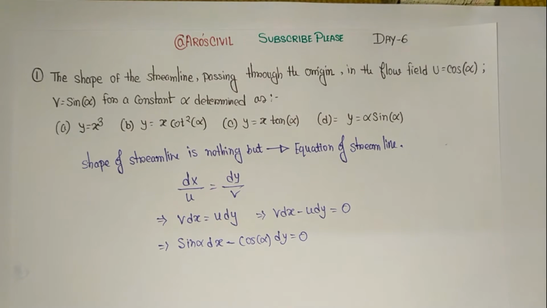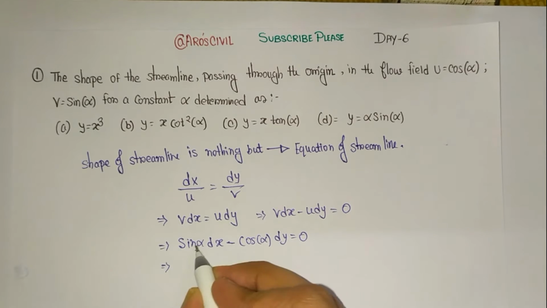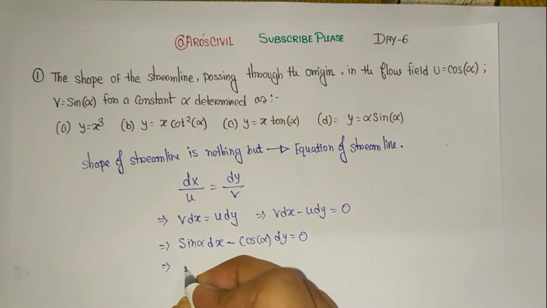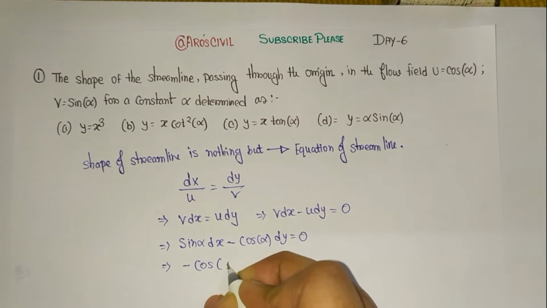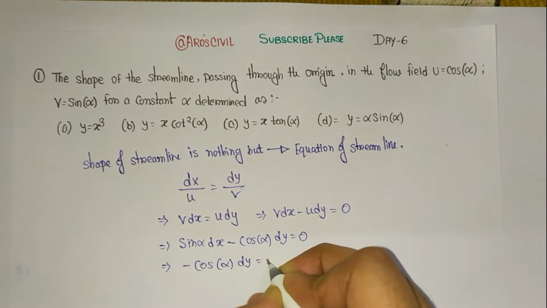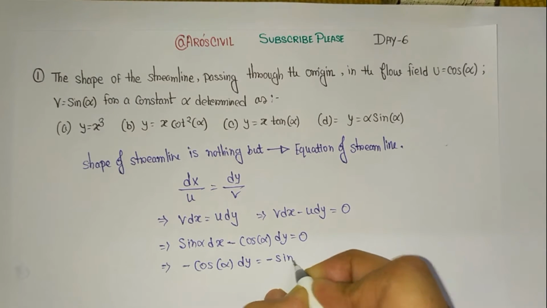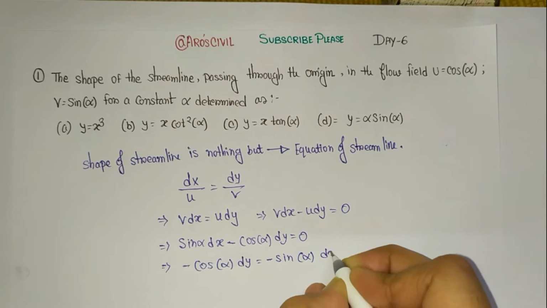Is that clear? Now if we take sin alpha to the opposite side, it comes as cos alpha dy equals minus sin alpha dx.